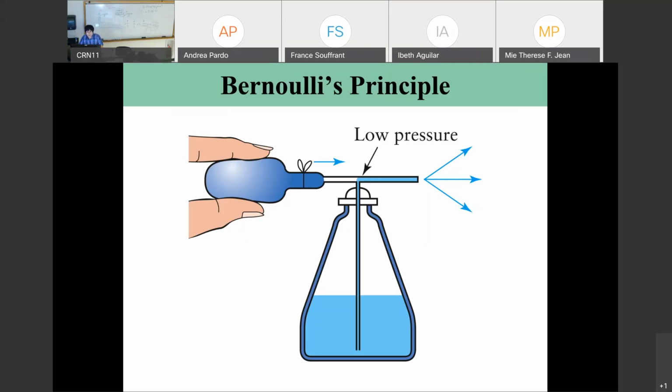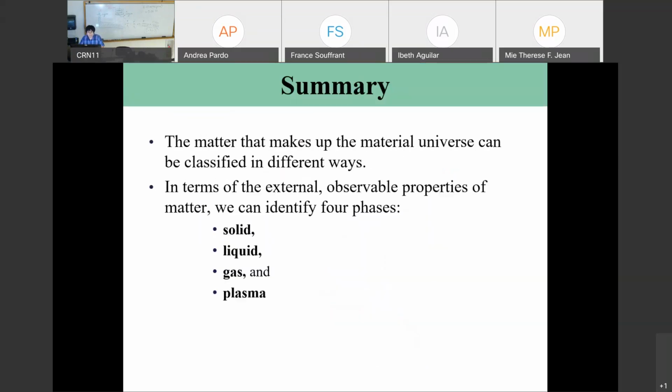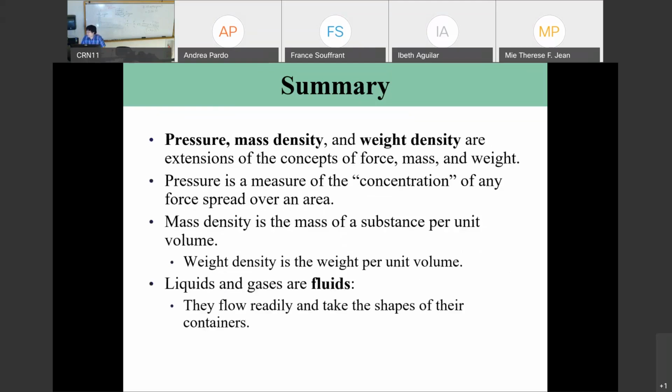So then we have a few things here. All right, and then we have the summary, guys. So chapter 4 is very conceptual, but there are a few problems. Remember that we started with the states of matter, and we include plasma. We talk about compounds, molecules, the elements as well. We talk about pressure, mass density.